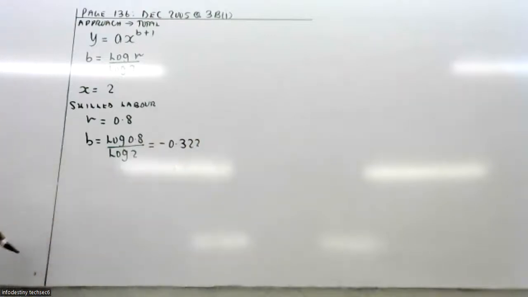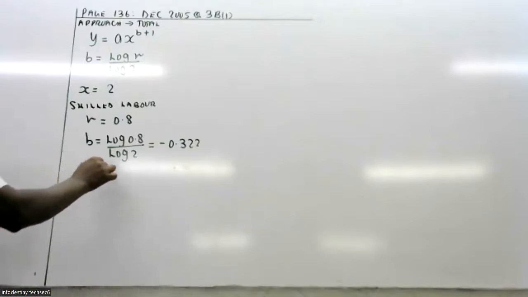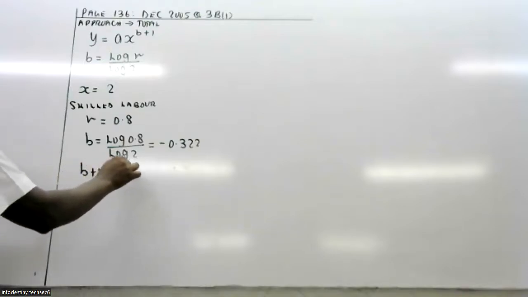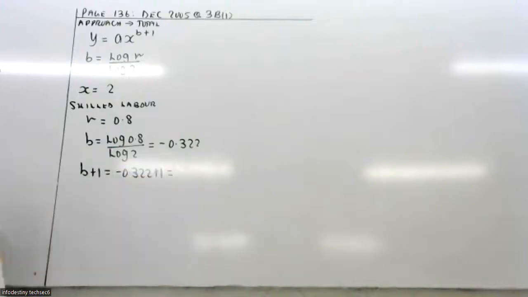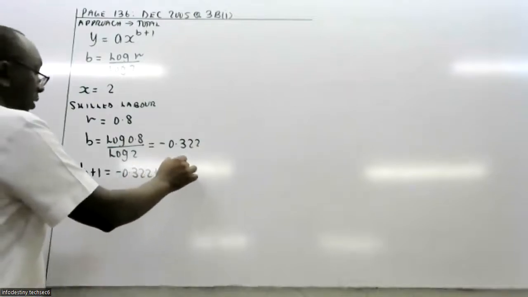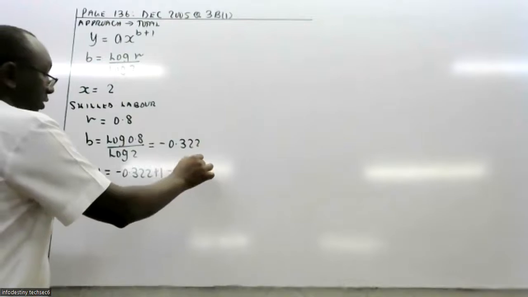We can use 3 decimals. So if that is the case, then it means that b plus 1 will be minus 0.322 plus 1, which is 0.678.